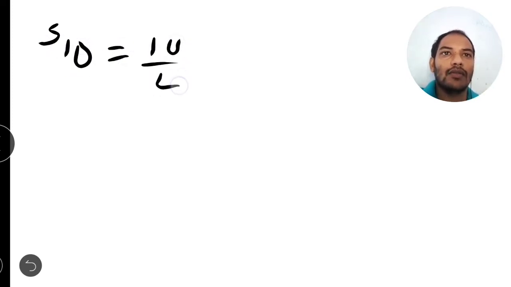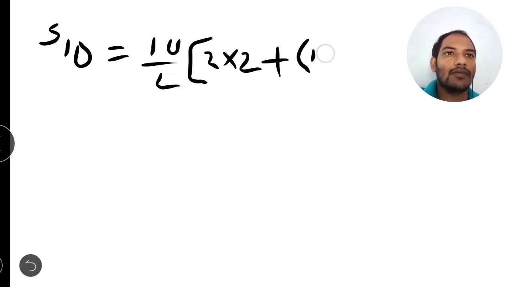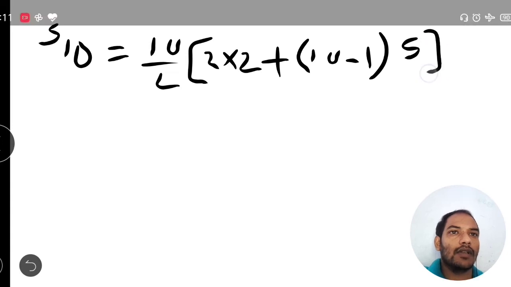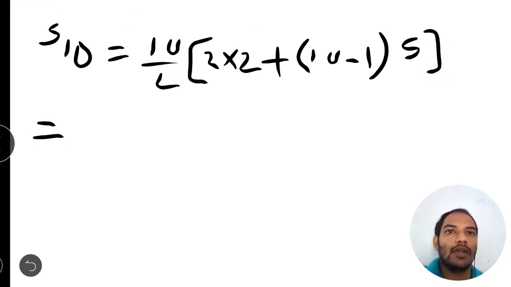Then S10 equals 10 by 2 bracket of 2 into a value 2, plus 10 minus 1, into d value 5. So it equals 10 by 2, 2 into 2 is 4, plus 9 into 5.